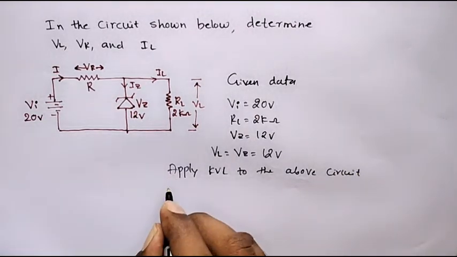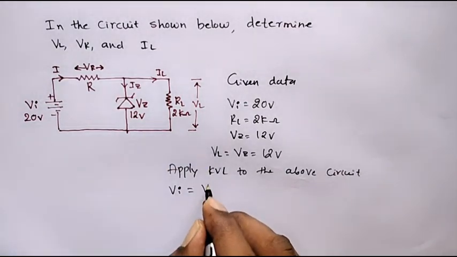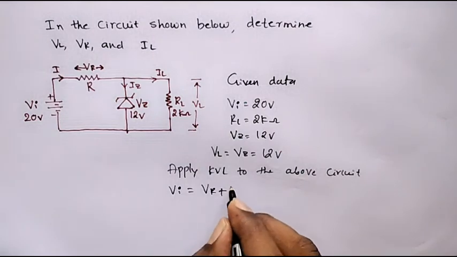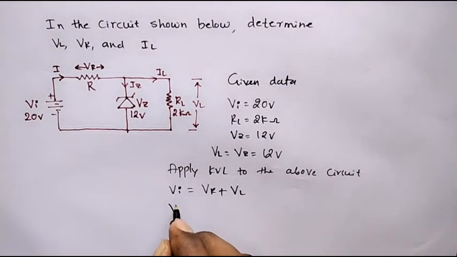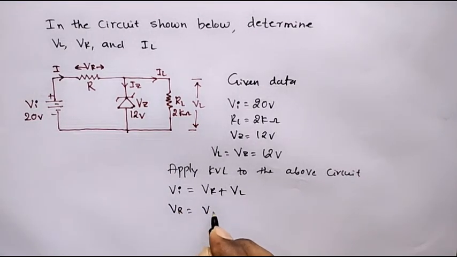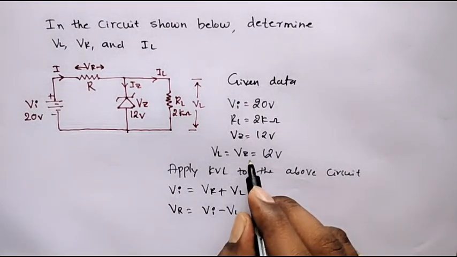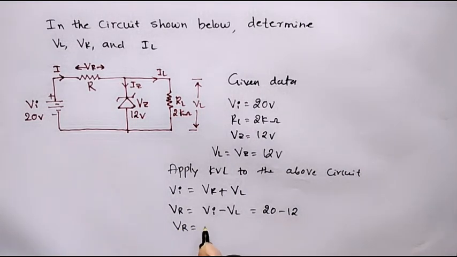We can write Vi is equal to voltage drop across resistor, that is VR, plus voltage drop across load resistor, that is VL. Now with the help of this formula we can find VR, that is Vi minus VL, which is equal to, Vi value is given, that is 20, and VL value is nothing but Vz, that is 12. Therefore VR is equal to 8 volts.